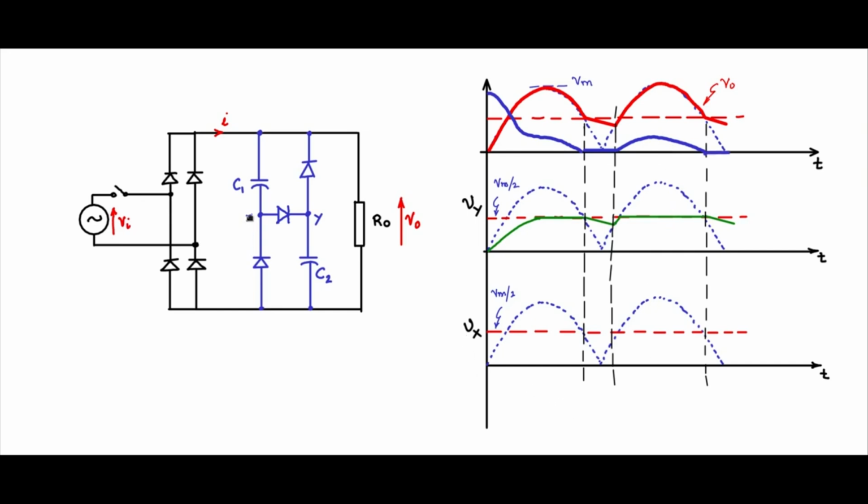Now when you come to the Vx waveform here, the Vx will have an envelope. Now this is a constant fixed, let us say this is a constant fixed Vm by 2. Whatever the value of V0 here, V0 minus Vm by 2 will appear across this one. V0 is this waveform minus this Vm by 2. So I am just taking it from this point here, let us say. So it is this envelope that Vx will have.